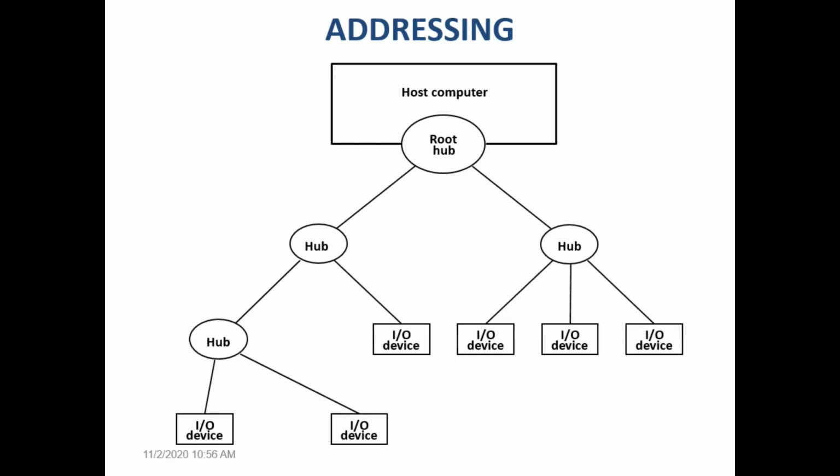That means all IO devices as well as all hubs have a unique 7-bit address. The root hub assigns addresses to all the devices present in the tree structure, including hubs and IO devices.